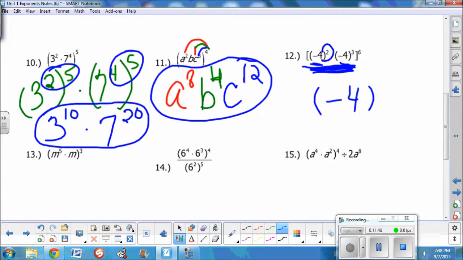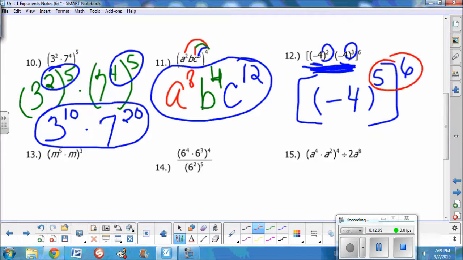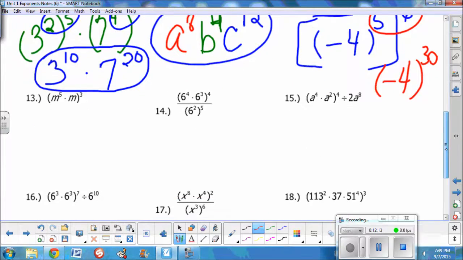So the 2 and the 3 gives me negative 4 to the 5th. That was just from what was inside those brackets. And now it's all raised to the 6th power. So an exponent to an exponent, you multiply. So keep your base and multiply. 30. There's your final answer.